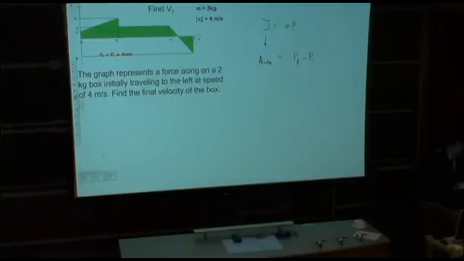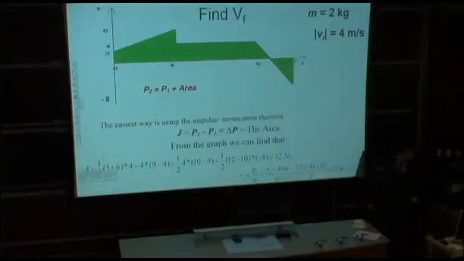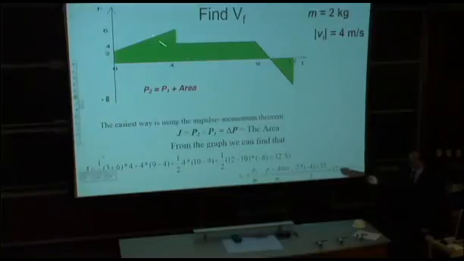And this is your area, green one. And final momentum will be equal to the initial plus area, and the result equals this. You may want to refresh how to calculate the area of a triangle or a trapezoid or rectangle. That's it. Thank you.